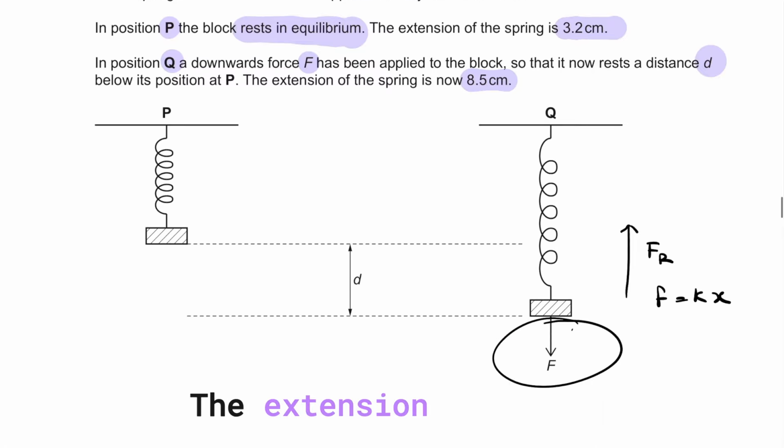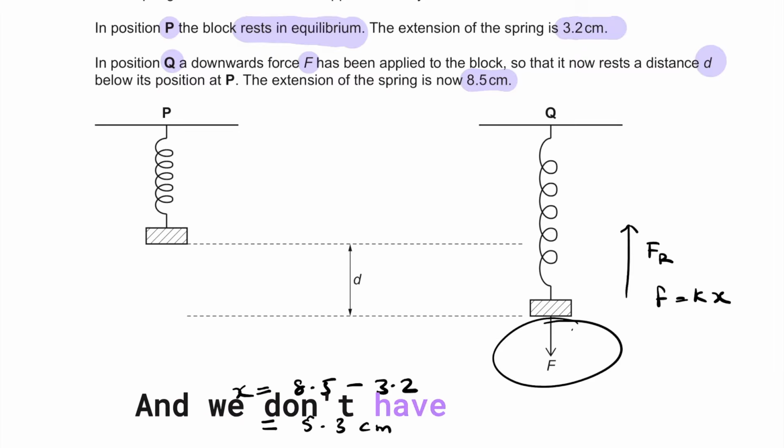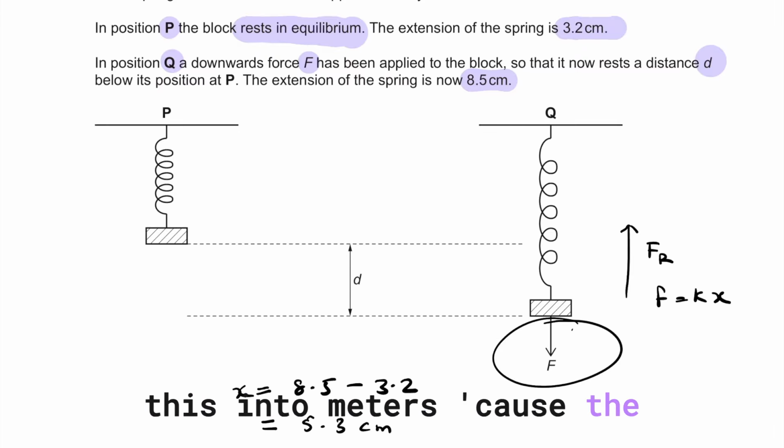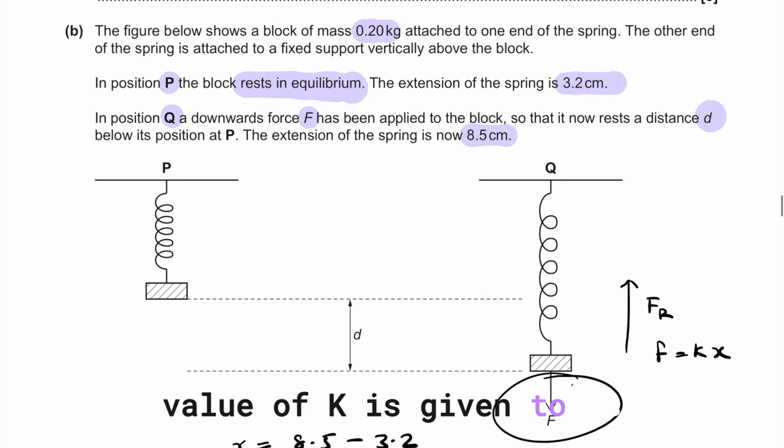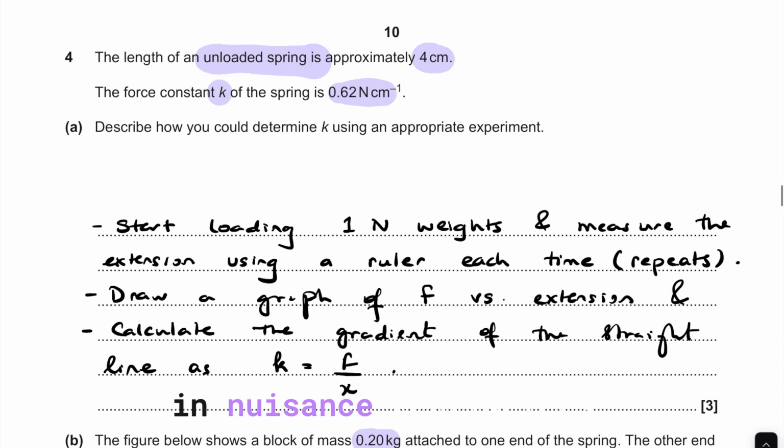The extension is going to be 8.5 minus 3.2 centimeters, and that will give me 5.3 centimeters. And we don't have to convert this into meters because the value of k is given to us in newtons per centimeter. So that's 0.62.